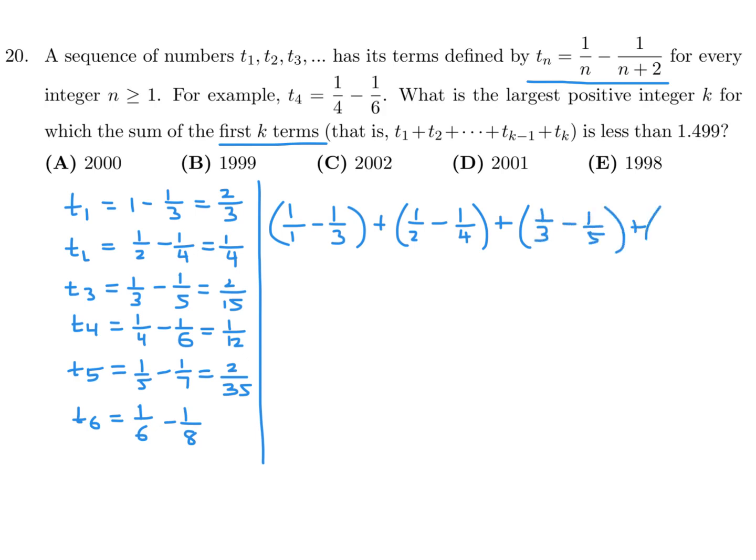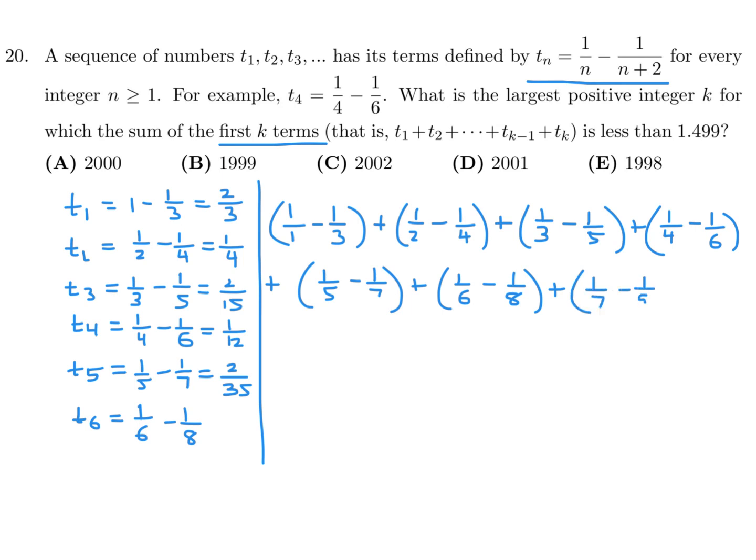T4 is 1 over 4 minus 1 over 6. T5 is 1 over 5 minus 1 over 7. And so on. I'm going to write a few more so it becomes obvious that things do cancel. The pattern so far is pretty straightforward. 1 over 8 minus 1 over 10, and it just keeps on going, dot, dot, dot, all the way to Tk.